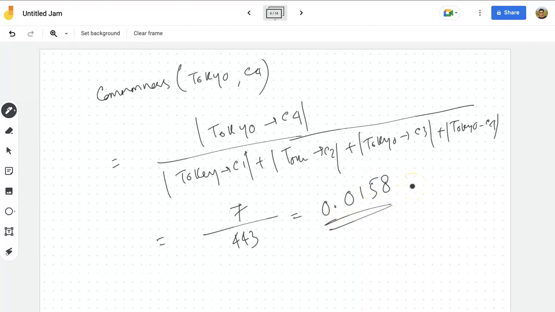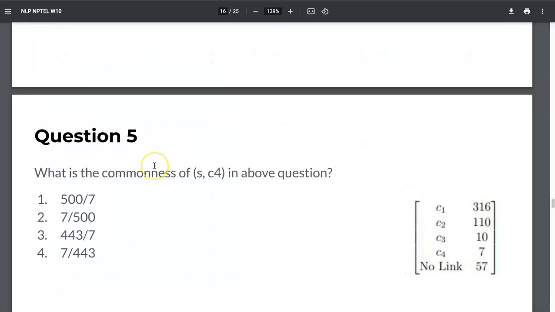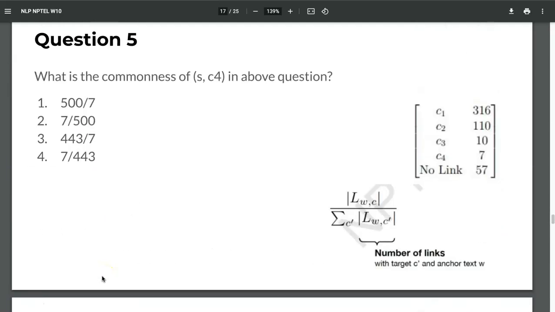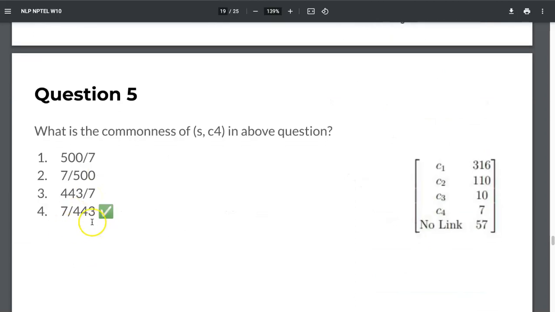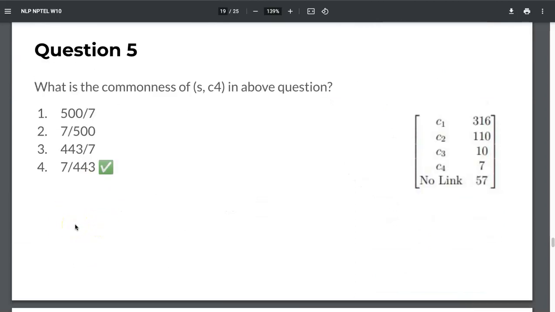So this is the commonness with Tokyo. Okay, so they have not calculated the value, so it will be 7 by 440. So the number 4 will be the correct answer.